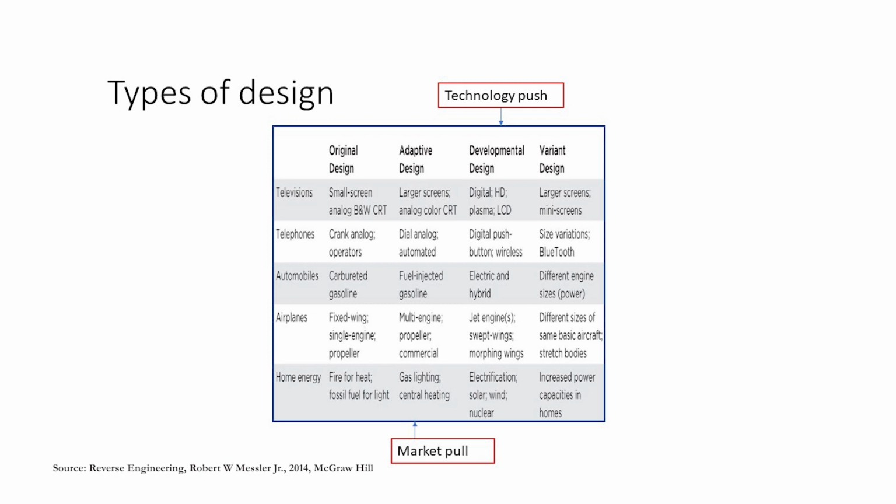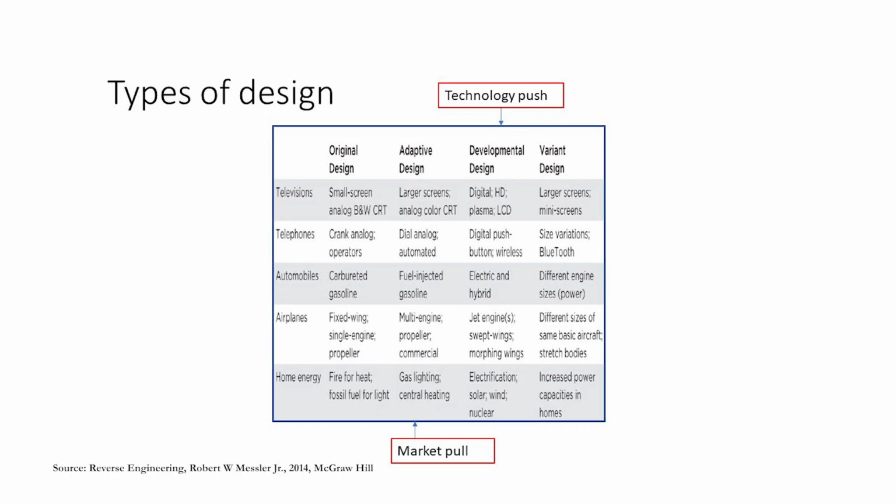So, let us look at different types of products, how the designs vary and where you might need reverse engineering. Televisions: the original design was from John Logie Baird in the 50s and 60s. Those used cathode ray tubes, small screen analog black and white cathode ray tubes.